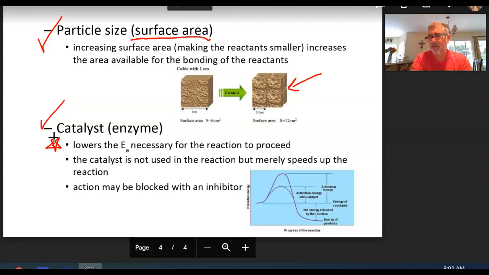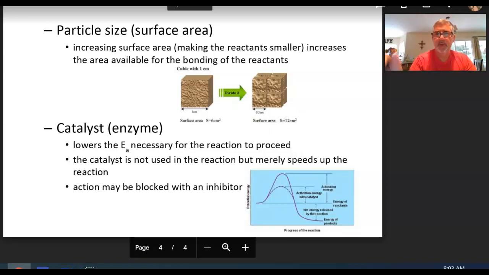So if you look at this graph at the bottom right here, we had an original EA, and then we lower that activation energy.